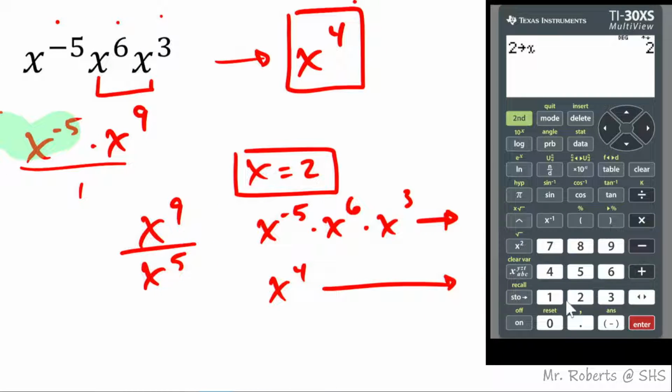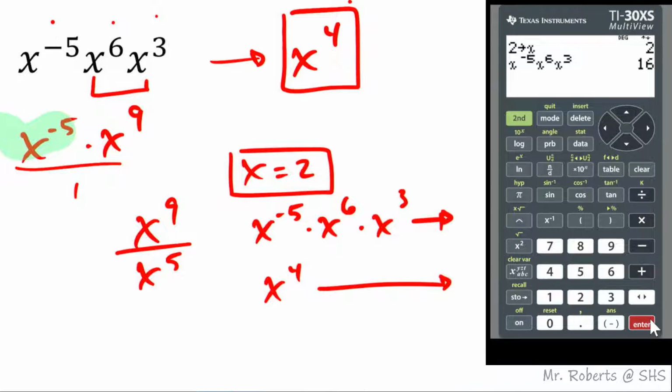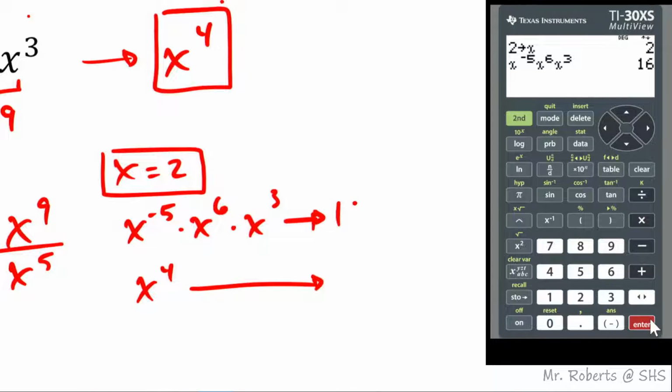And I want to compare x raised to the negative 5th power, notice I'm hitting this button to get the negative, and I'm going to multiply that times x to the 6th power, and then by x to the 3rd power. I get the number 16, right? I'll write a 16 right here. And I want to observe what x to the 4th is. X to the 4th power is also 16, right?